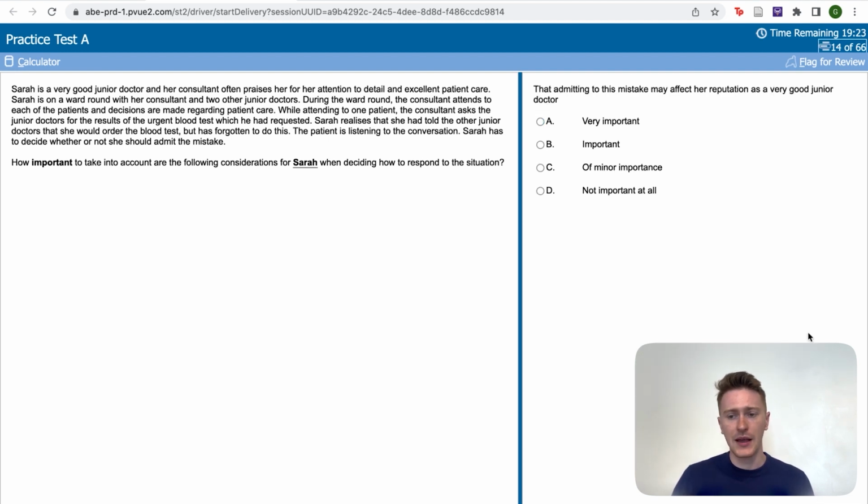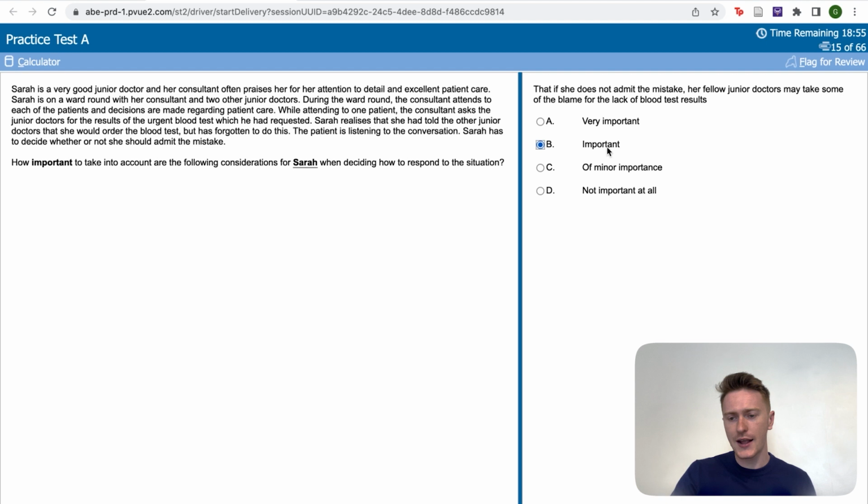That admitting may affect her reputation. That implies that we're going to be concealing it to save the reputation. That's not important at all. It's a selfish consideration. That if she does not admit the mistake, her fellow junior doctors may take some of the blame. Now, the mistake should be owned up to whatever, so it's not going to affect you regardless of what happens next. It shouldn't affect her whether she agrees to admit to it or not.